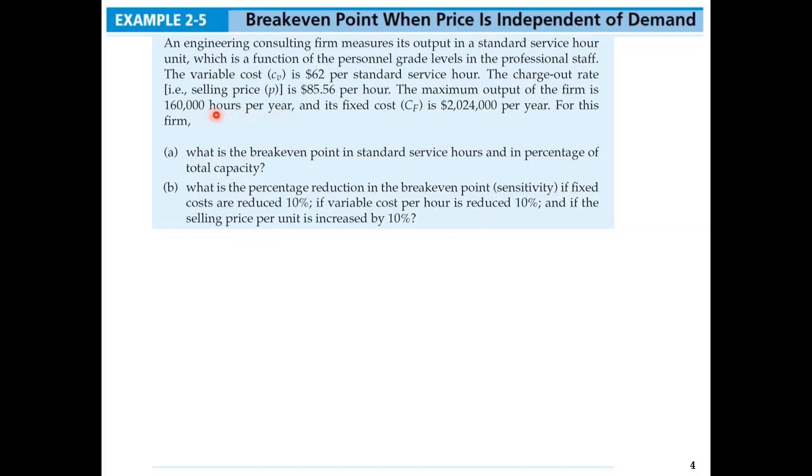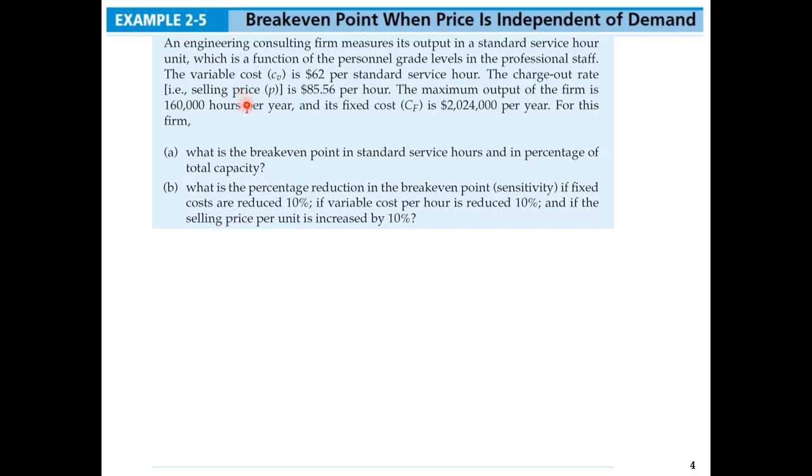Maybe this is unnecessary data. Maybe we will use it for some other reason. Okay, and then the fixed cost, CF. Look, in this example, all the notations are provided: CV, P, CF, everything. But in a quiz or in an example, these notations or definitions may not be given in that way.